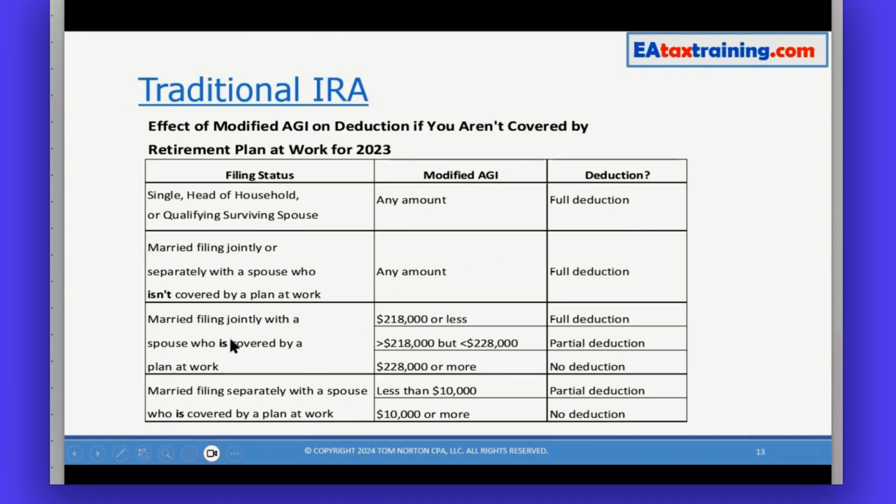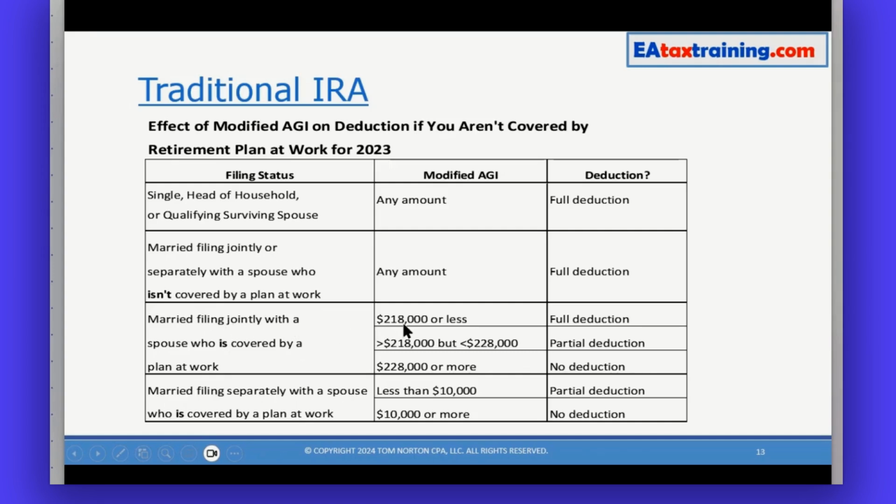If you are married filing jointly with a spouse who is covered by a plan at work. So in other words, you've got one spouse who is covered, the other spouse is not covered. Then for married filing jointly, it's $218,000 or less. Obviously, if you're single, then you're not going to have a spouse who's covered, so this isn't going to apply. This is only applying for those who are married filing jointly.